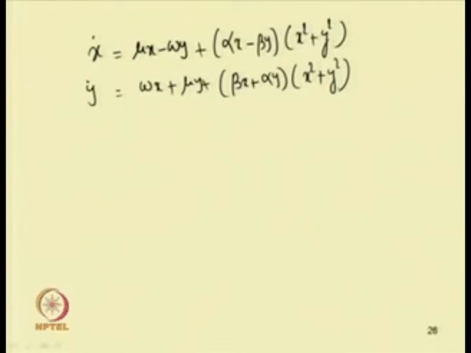In this case we can find the Jacobian matrix. The Jacobian matrix can be obtained by perturbing these two equations, that is, by finding the first derivative of these two equations.